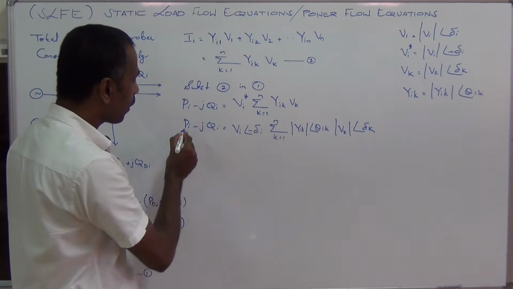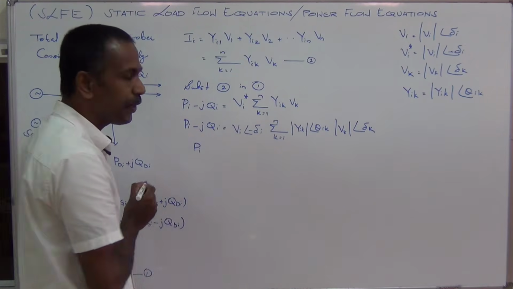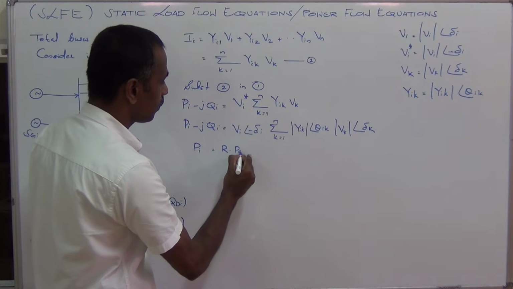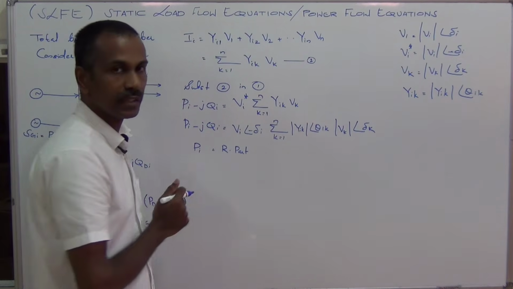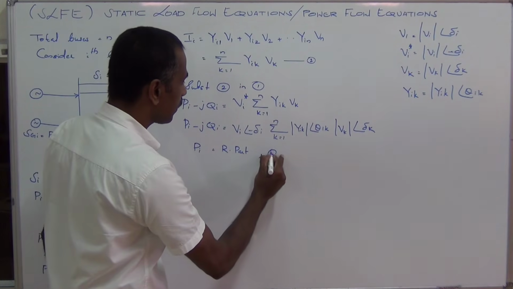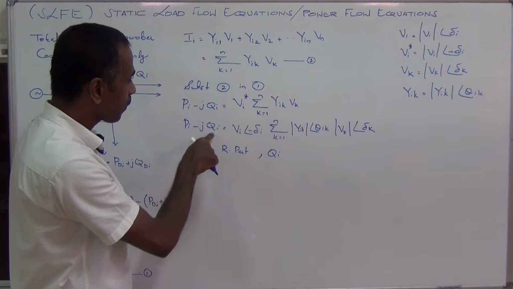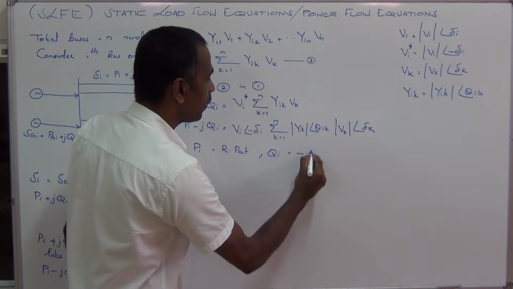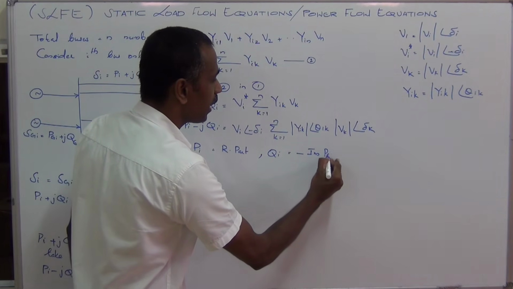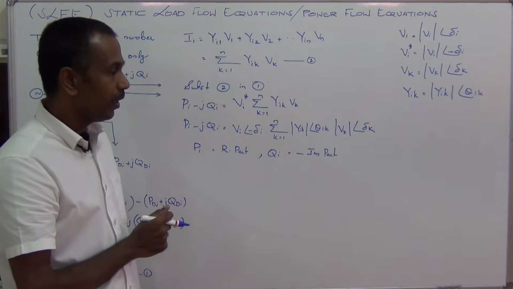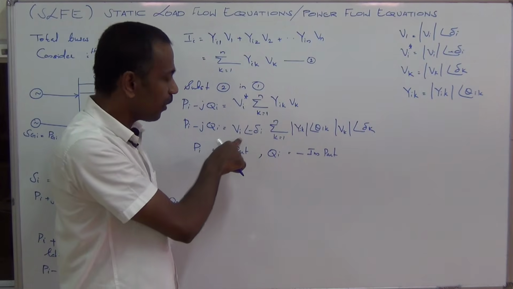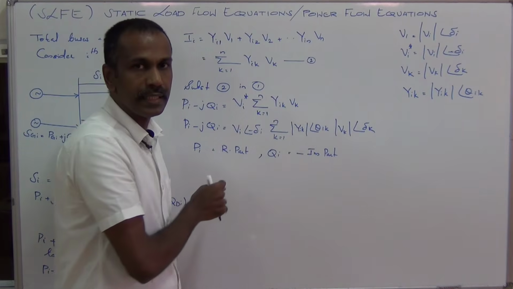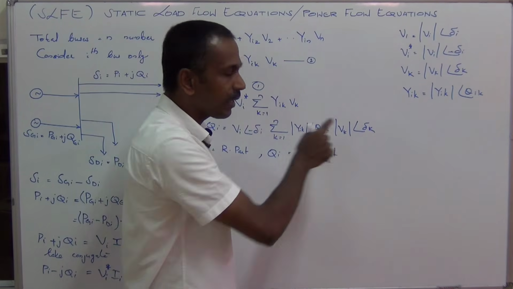So what is the real part, or what is the active power? The real part of this function. And what is the reactive power Qi? This is minus jQi, so the reactive part is equal to the negative of the imaginary part of this function. Now if we look at this function, this is in the form of R1 angle theta 1, R2 angle theta 2, R3 angle theta 3.